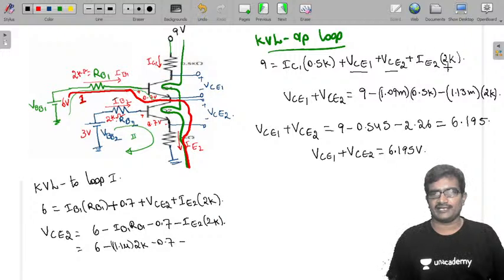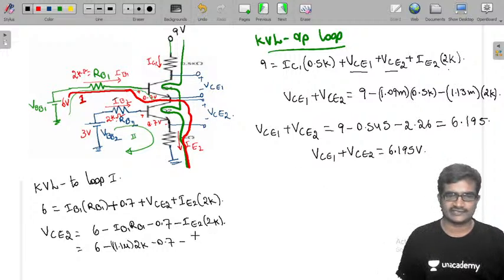Already we calculated IE2 into 2K here, it is 2.26.